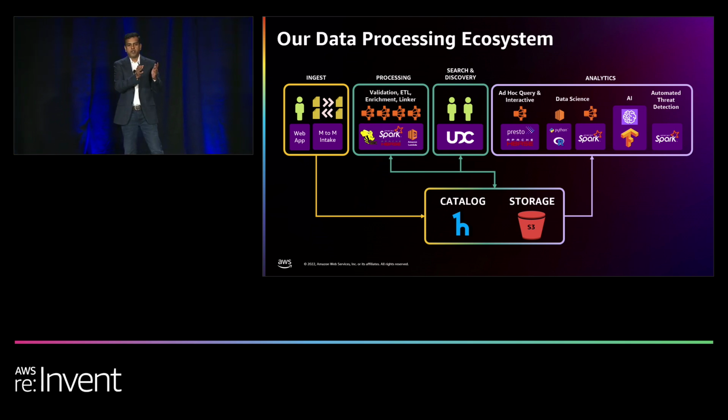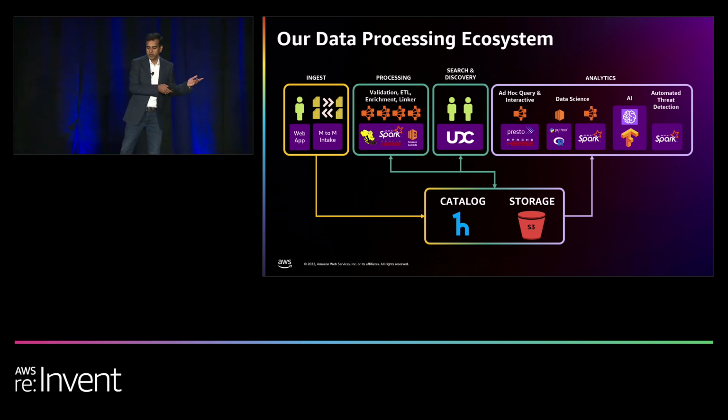For the compute, we use transient EMR clusters to process the data, and the compute is separated from the storage. The storage that resides in our data lake is of open format and is agnostic of any query engine. This is important for us as we continue to modernize our query engine.